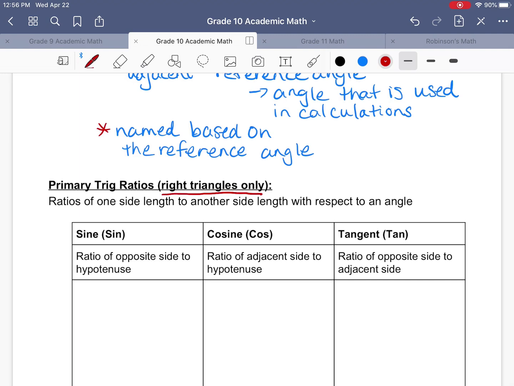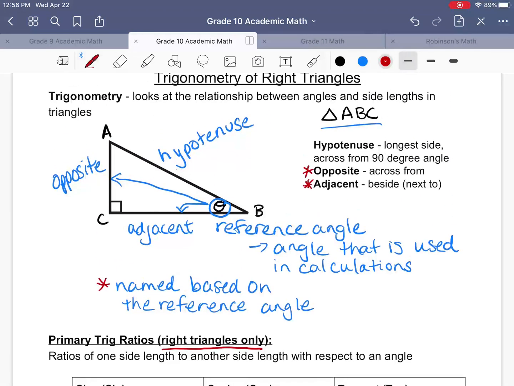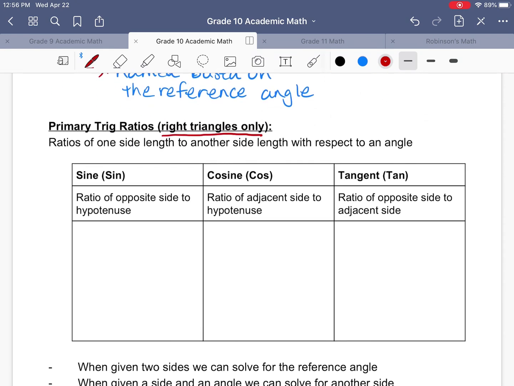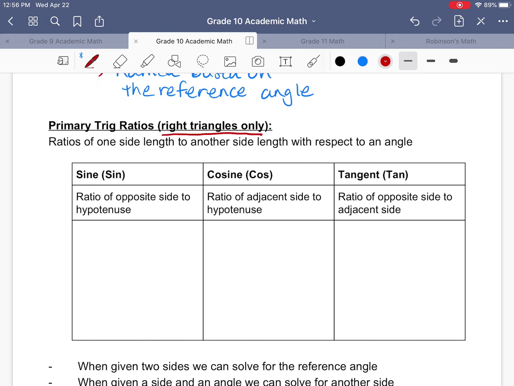So what these primary trig ratios look at is the ratio of one side length to another side length with respect to an angle. If we quickly look back at our triangle up here, we have our reference angle, and then these other three sides would have different lengths to them. And so these primary trig ratios look at that relationship and help us to calculate that relationship.